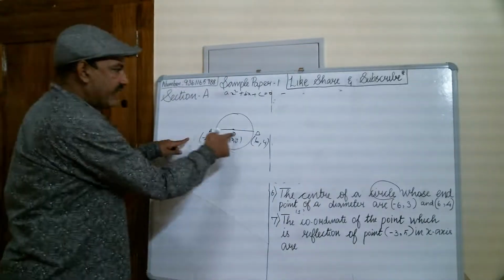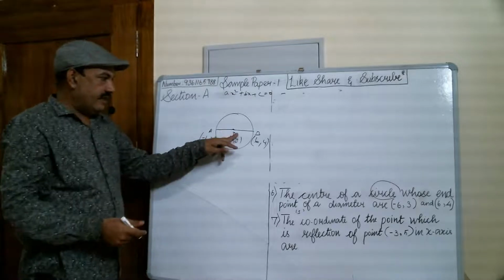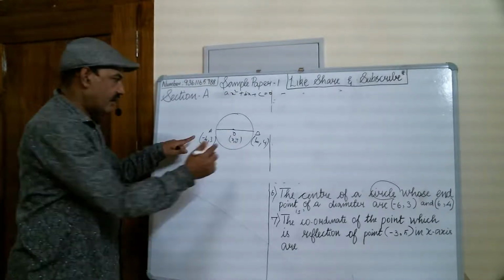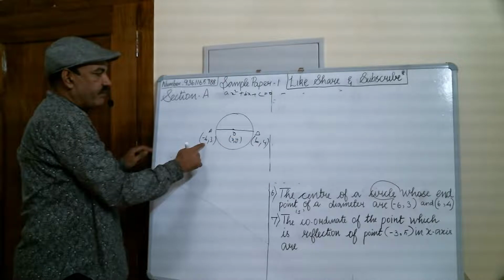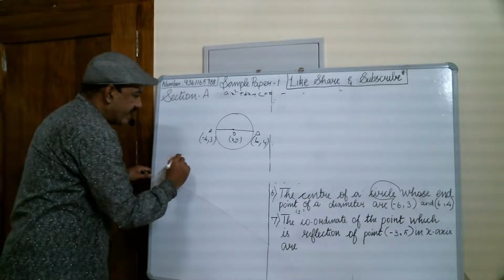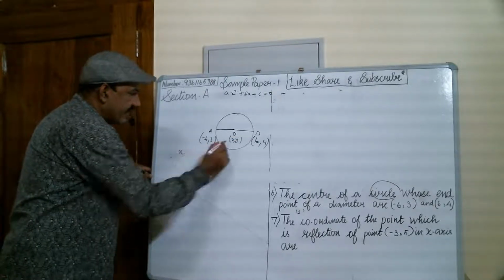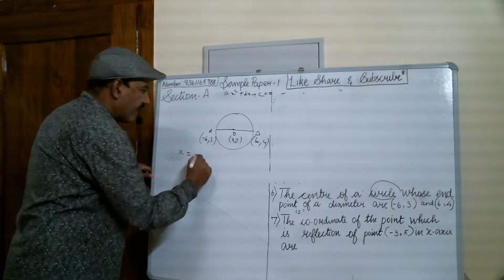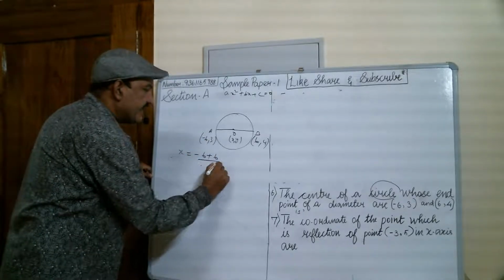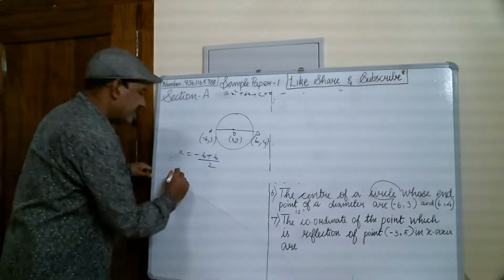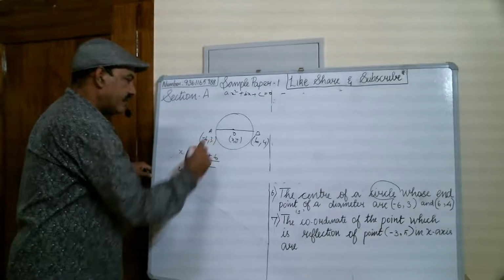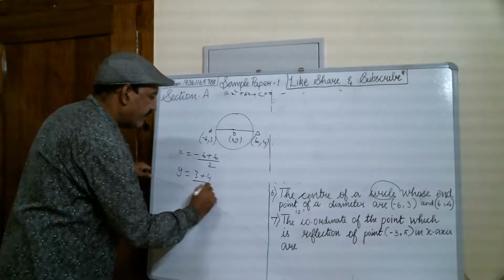The center is the midpoint of the diameter. So add both the x values. x is nothing but -6 plus 6 divided by 2, and y is equal to 3 plus 4 divided by 2.